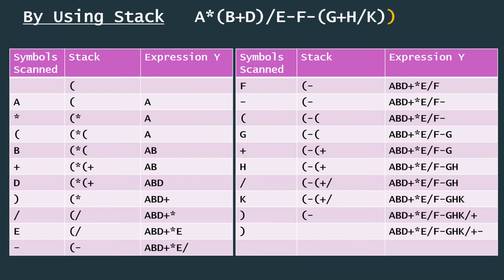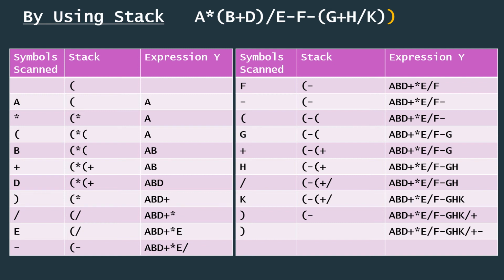Now F will go to the expression, minus will go to the stack, and here you can see there is already one minus operator present in the stack, and both operators have the same priority, so the previous minus operator will be popped and will go to the expression part, and this new minus operator is placed in the stack.